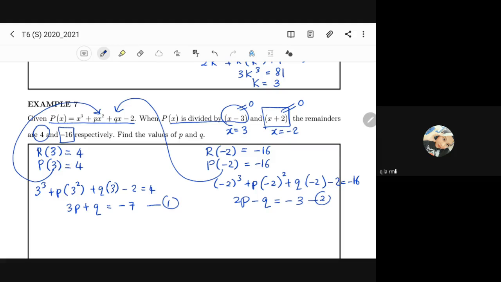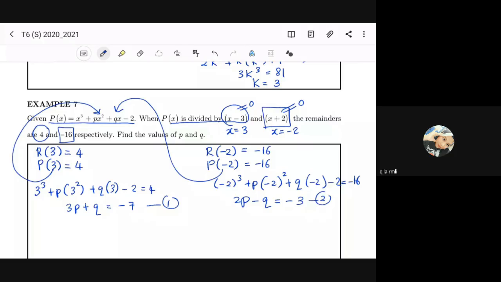Okay, our aim here is to find P and Q. And we have two equations, meaning that we need to solve the equations simultaneously. And kita ada dua pilihan. Sama ada by using, apa nama dia? By substitution or maybe by eliminating.